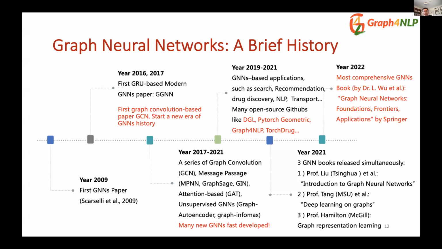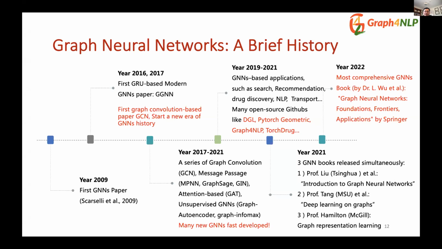At the same time, from 2019 to 2021, a bunch of people, especially from industry, started to leverage the power of graph neural networks for various applications, such as search, recommendation, drug discovery, NLP, intelligent transportation, and so on.